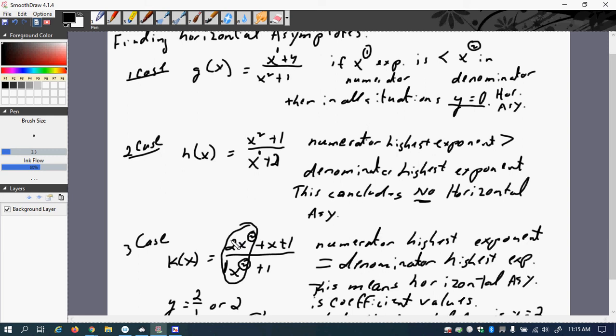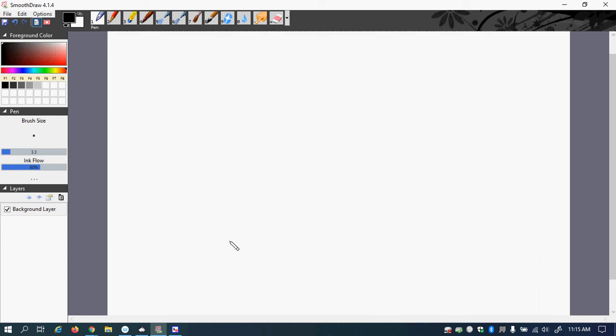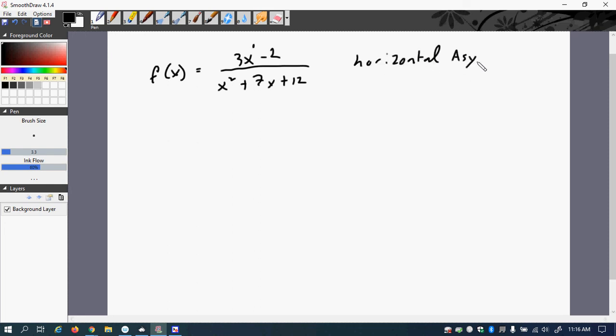So let's take a look at the example that they gave us this time. They gave us f of x equal to 3x minus 2 over x squared plus 7x plus 12. Notice that this is a 1 and this is a 2, so that means our horizontal asymptote is going to be y equal to 0.